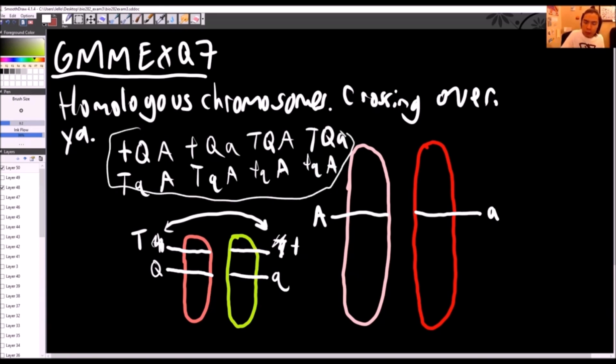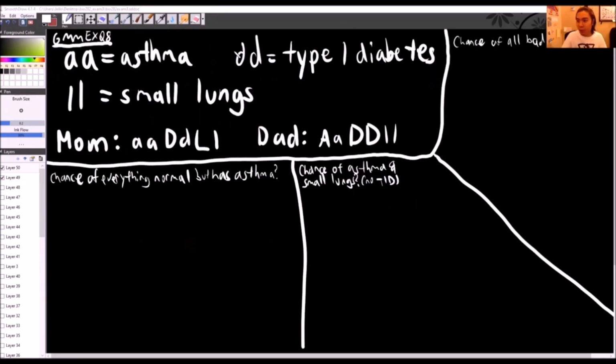So I do a lot of these problems visually, and I don't want to overcomplicate stuff. Oh, this one's quite the hoot, and that is example question 8. So I simplified it down a lot, but oftentimes diseases are recessive, which means that in order to get the phenotype, you need 2 recessive alleles for it.